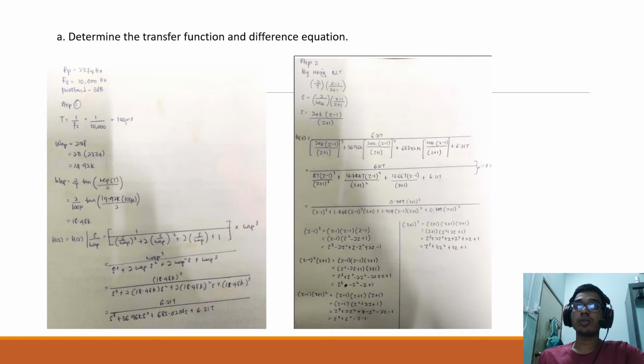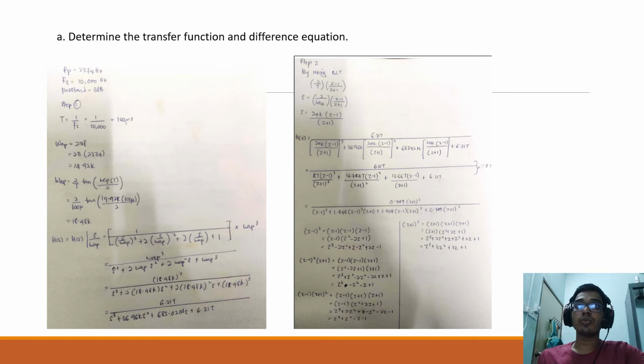After that, we need to identify Wp, which equals 2 pi F. For F we put our four-digit matric number, which is 2374, and finally we get 14.92 kilo.